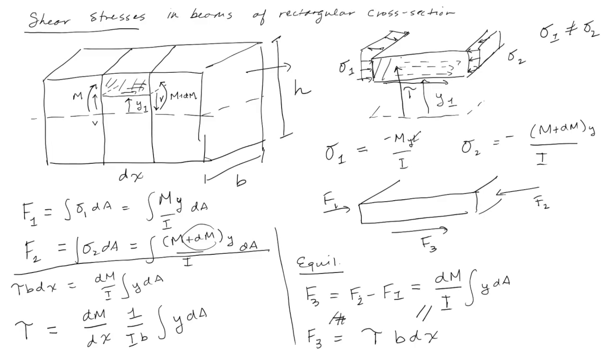This is a very important thing to understand, and it's very confusing to students where this y comes from. It's what we call the first moment of area of this block, of this cross section.